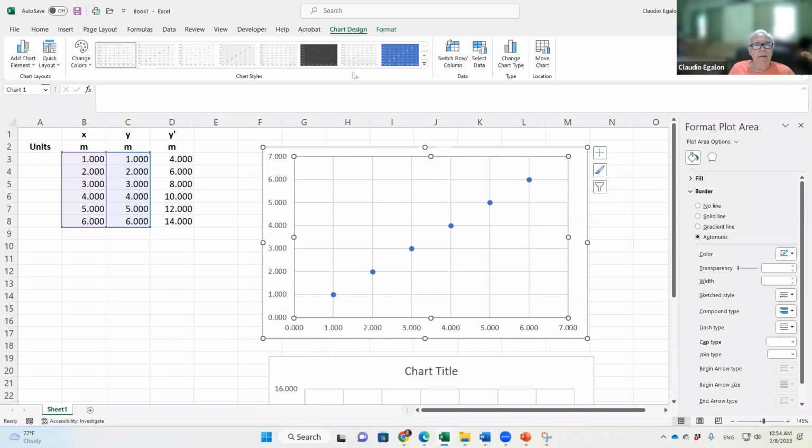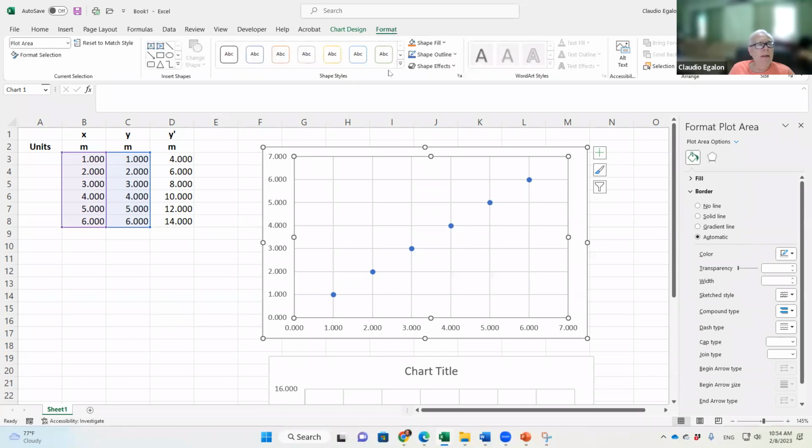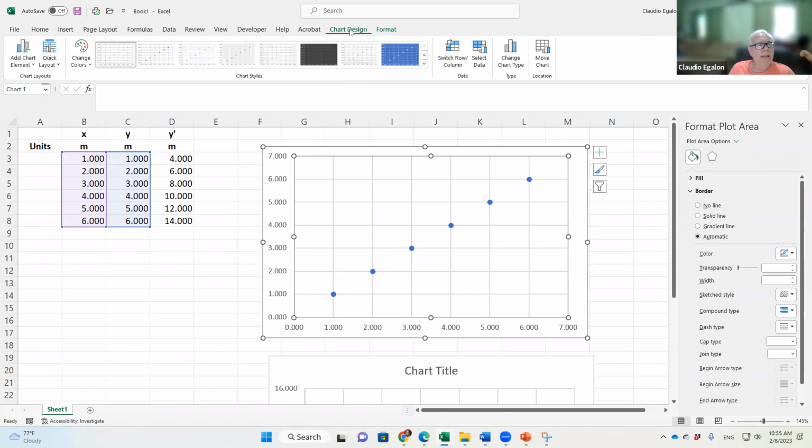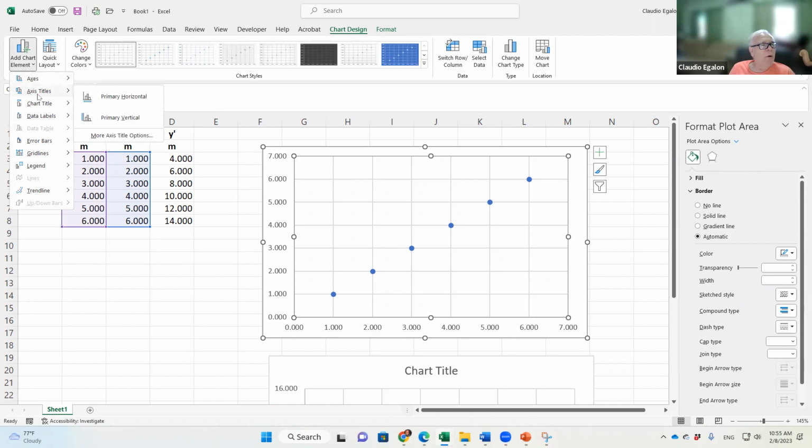I can either click on chart design or I can click on format. If you want to put the labels in the axis, you have to click on chart design. And then you go here to this add chart element. When you click on add chart element, you can put the title of the axis. You go here on the option axis title.